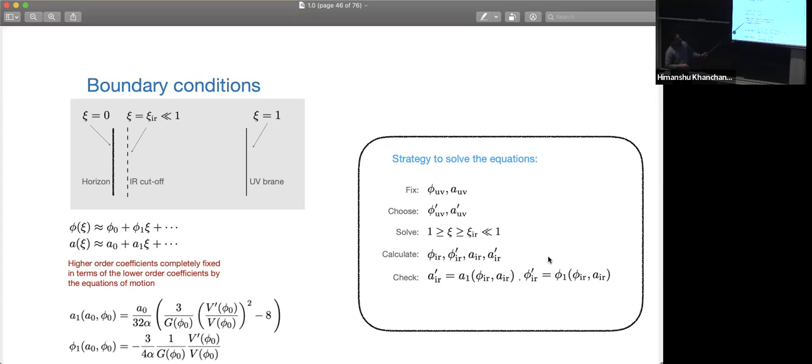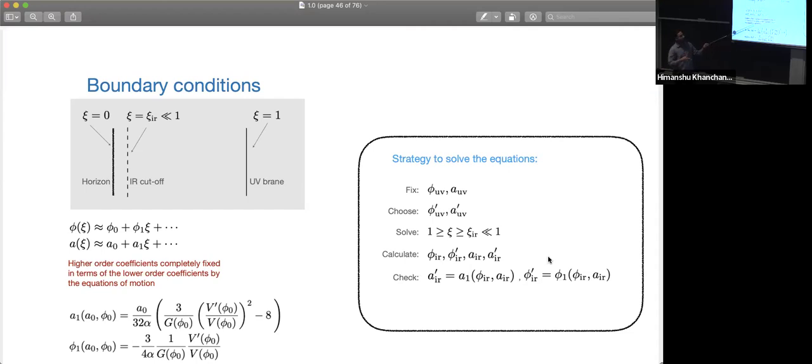And what it means is that if you found the solution and you expand it in a Taylor series near the horizon, it should not have any blow-off terms. Right? So the field and its derivative should be smooth. So you can start with that. If phi and A are regular near the horizon, C equals 0, it turns out that you can solve for each higher order term in this series expansion in terms of the first term, completely fixed.